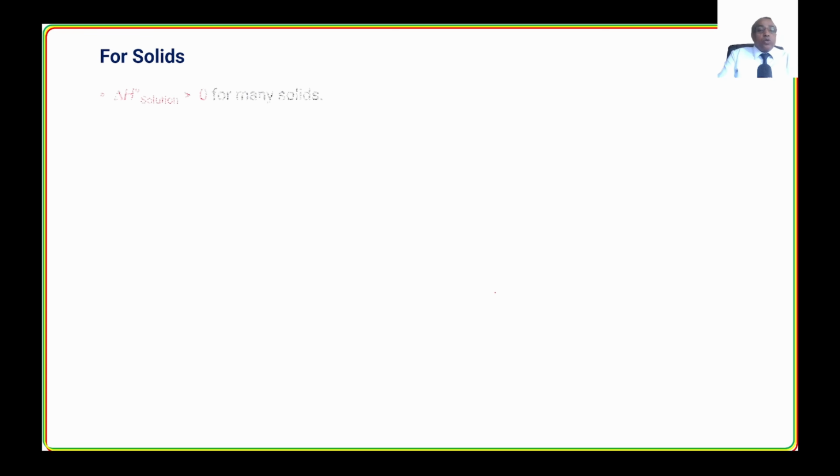Okay, now let's see for solids. For solids, we can divide them into two. One, enthalpy of solution is greater than 0, which means the process is endothermic. For an endothermic process, as temperature increases, solubility increases. For endothermic processes, we usually add heat. Heat is added before the arrows. These are the arrows showing the equilibrium process.